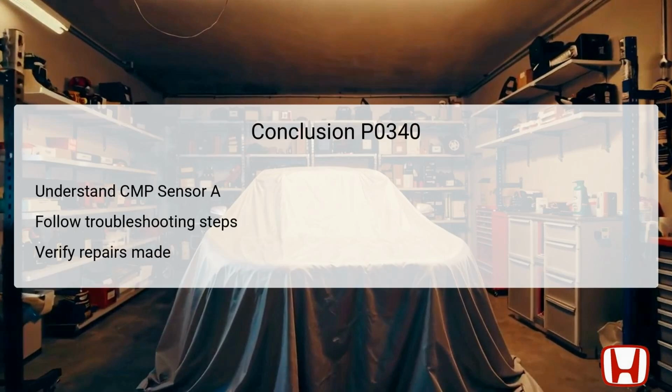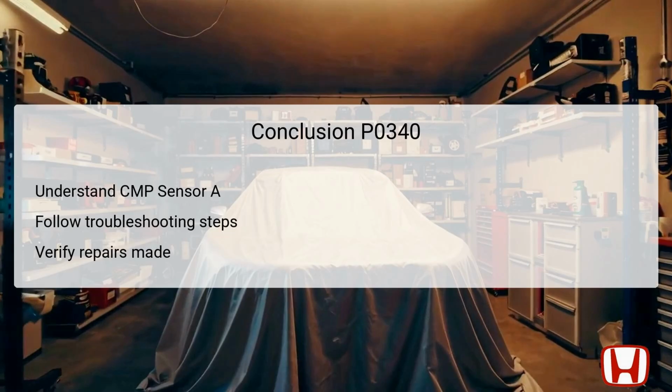In conclusion, effectively resolving the P0340 DTC involves a thorough understanding of the Camshaft Position Sensor A's role, as well as its related circuits and the Powertrain Control Module. Each troubleshooting step is designed to methodically isolate potential faults, starting from the sensor and moving through to the circuits and finally to the PCM.